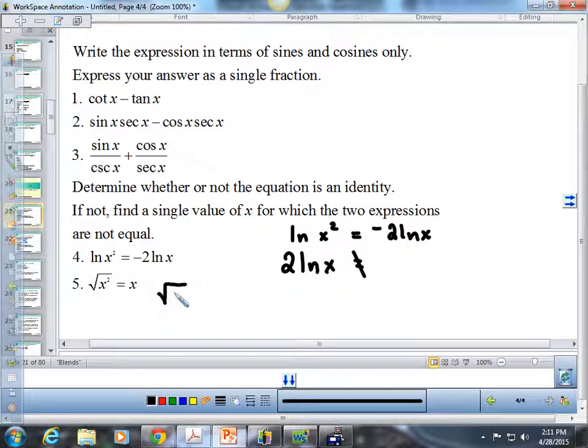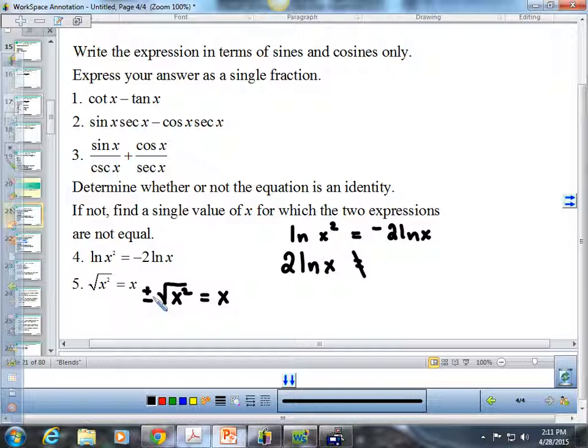But how about this one? How about the square root of x squared equal to x? Is this an identity? And again here, are we looking at all square roots or are we just looking at one square root? Just one. We're just concerned with the primary square root here. What would they have shown if they wanted both? They would have shown a plus minus. Is this an identity?